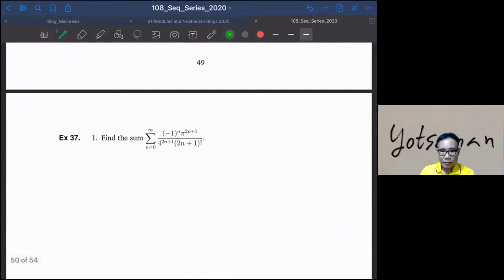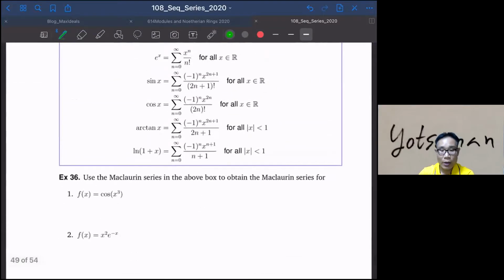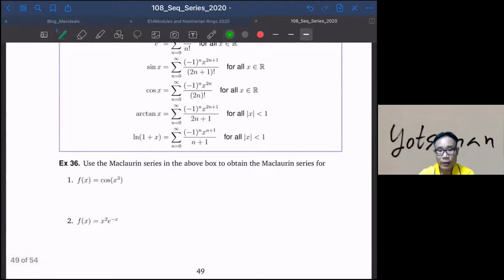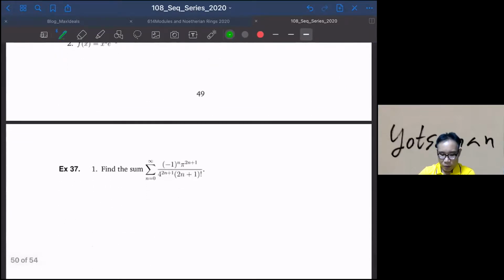The next one, we'd like to use this box to find the following sum. If you want to find a sum like this, it doesn't look nice, right? It's going to be something very strange. However, you see the terms pi to the 2n plus 1 and 4 to the 2n plus 1.